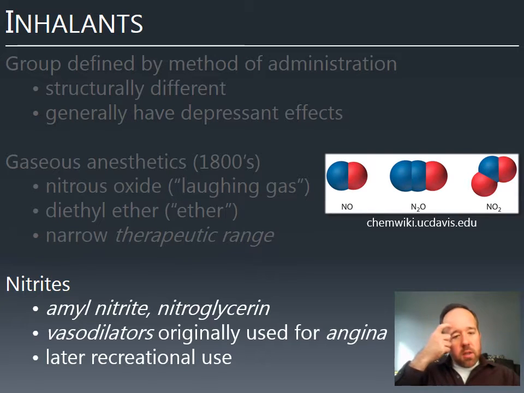So that is the nitrites originally, and of course nitroglycerin is still prescribed, but they have both a legitimate medical use and a recreational use. Gaseous anesthetics aren't abused as often, mainly because it's more difficult to administer, it's more dangerous, and it's more difficult to obtain. Gases aren't easy to transport, whereas liquids and pills are easy.